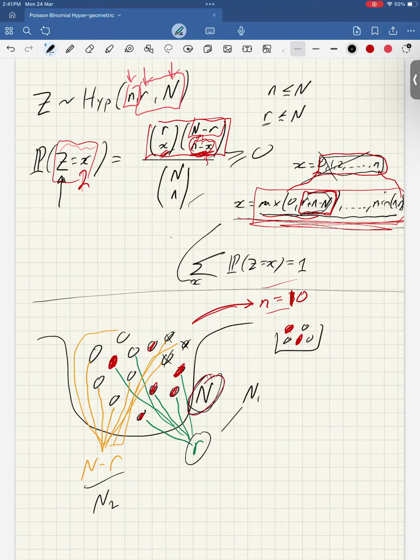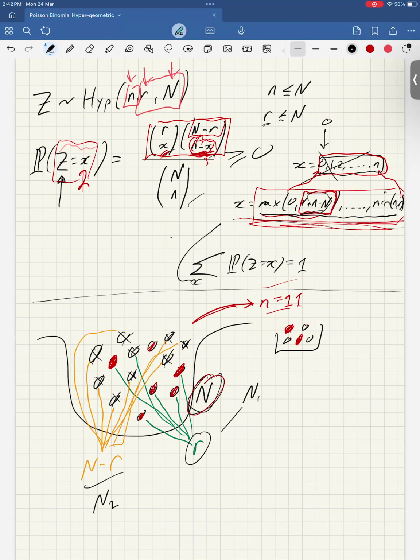We've got 1, 2, 3, 4, 5, 6, 7, 8, 9. You know what? Just to make it a bit more clean, let's make N to be 11. Okay. So say we're now sampling 11 elements out of this population, and we've only got 9 bad ones. So in this case, are we going to be able to attain this situation of getting 0 successes?